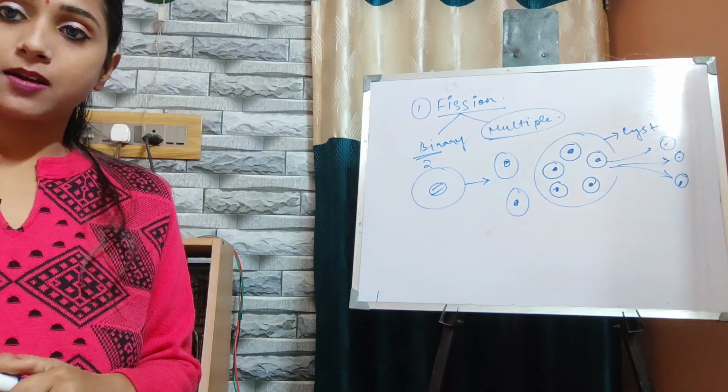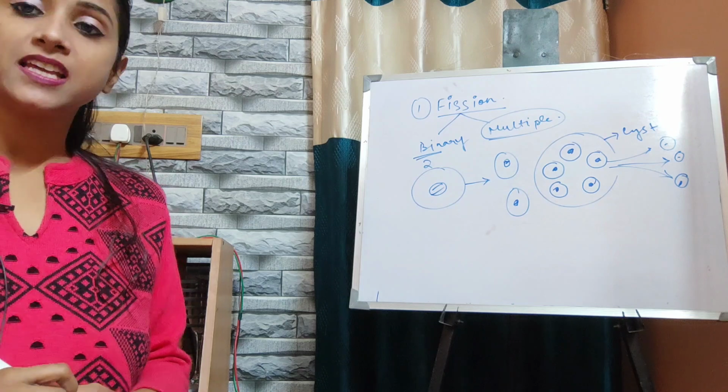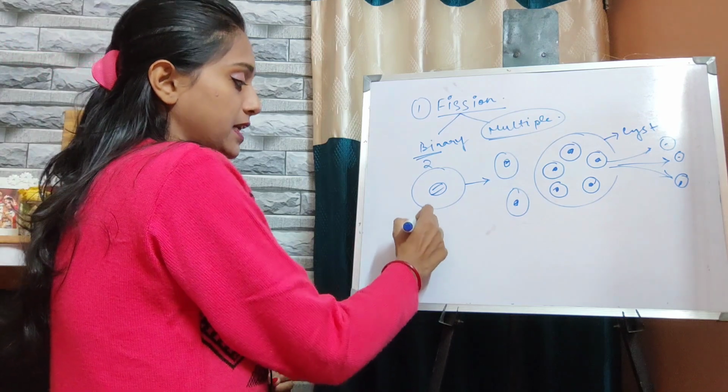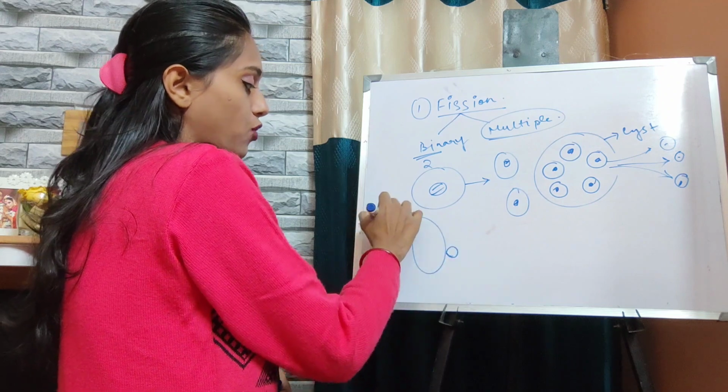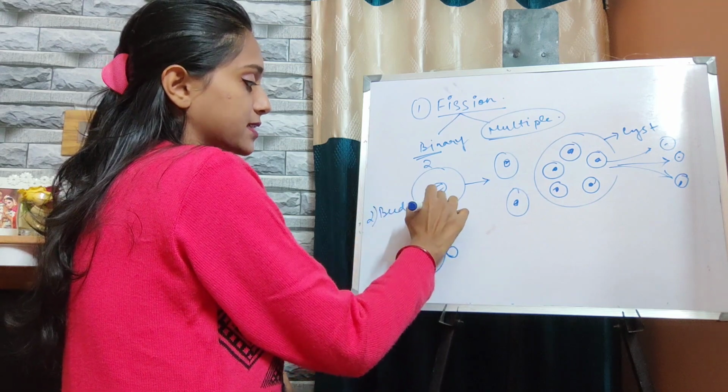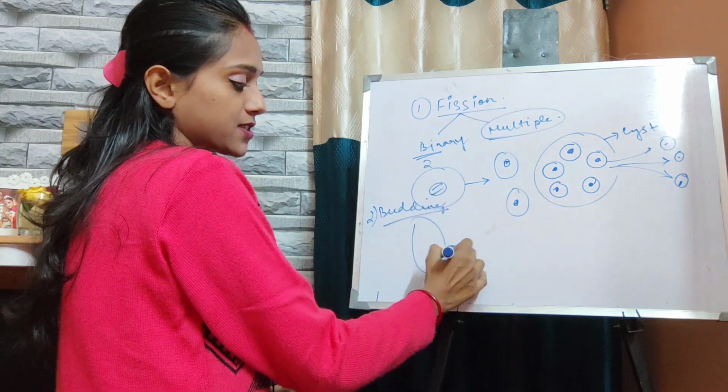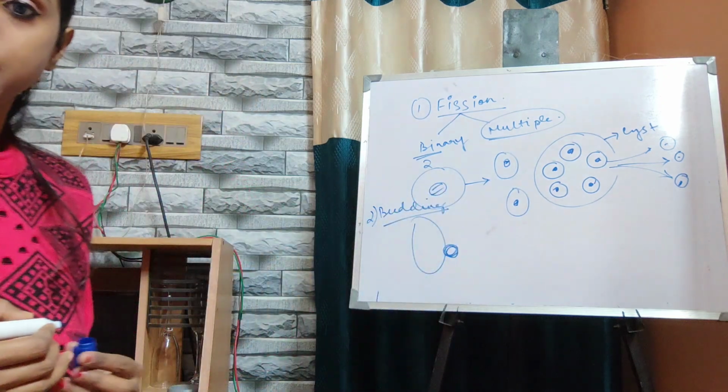Next is budding. Budding is mainly seen in yeast. What happens over here? In the mother body, a small bud-like outgrowth takes place. See, a small bud-like outgrowth is taking place.